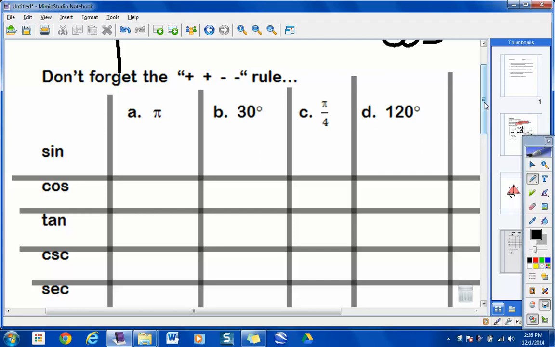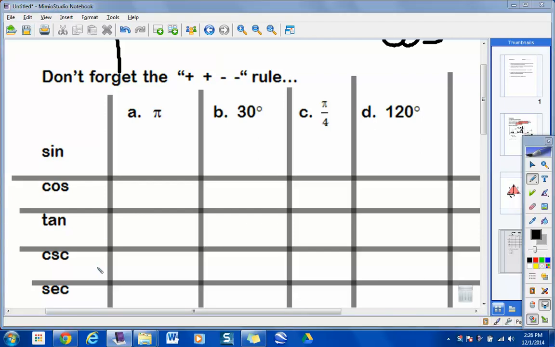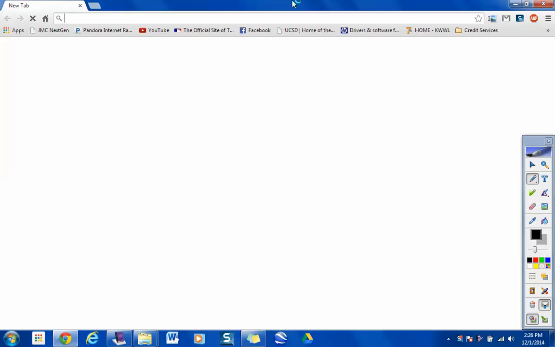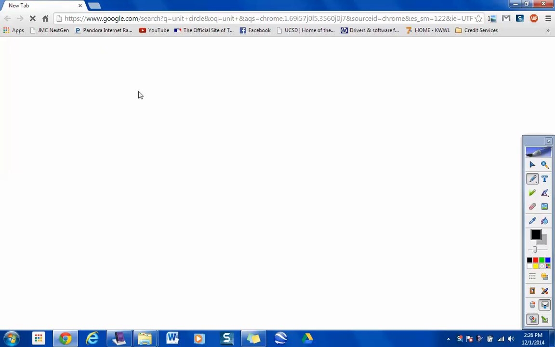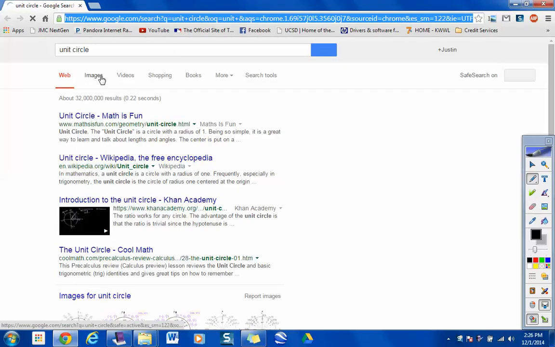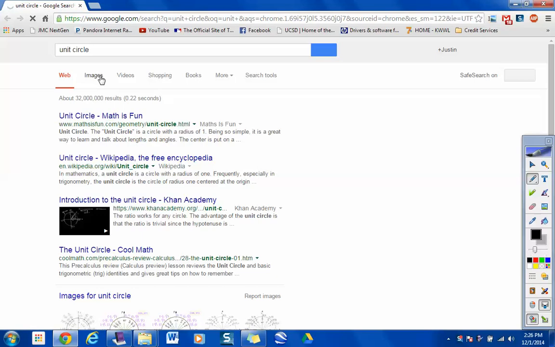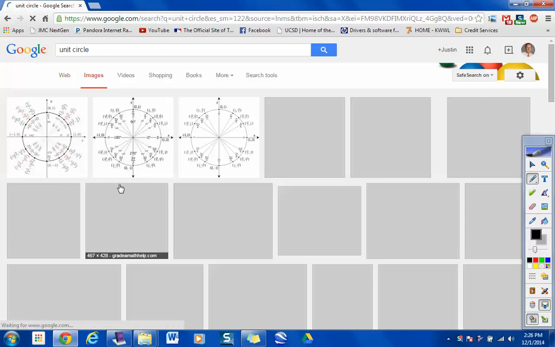Let me find an image of the unit circle real quickly. Hang on one second, please. Is this the one you guys have right here?